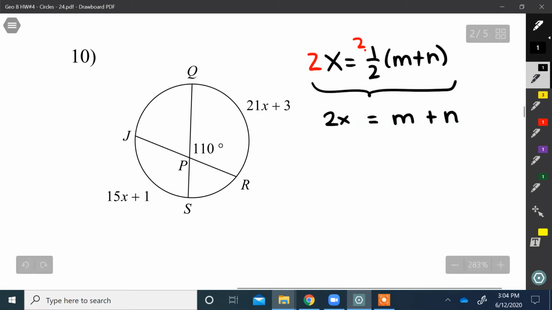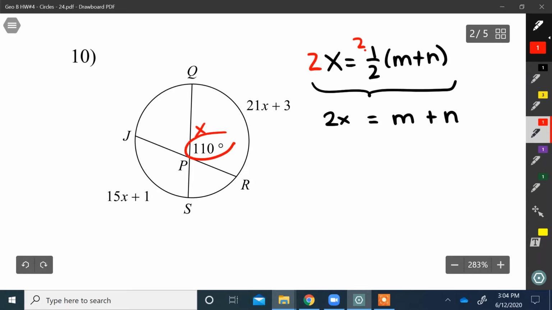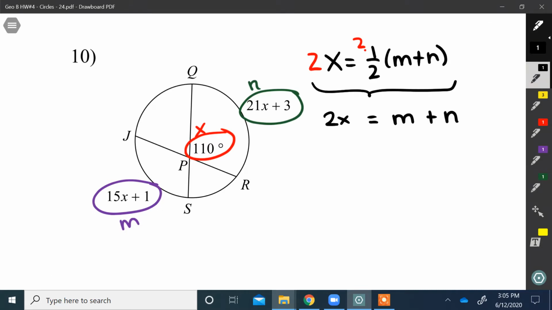Now let's identify what we have. First of all, we have an x. Then m and n could be either one of those. Let's just say that this is m and this is n. Only in this problem, it doesn't matter what m and n is, as long as you pick any one of those.